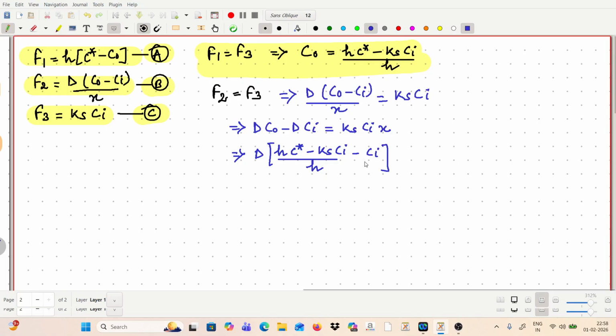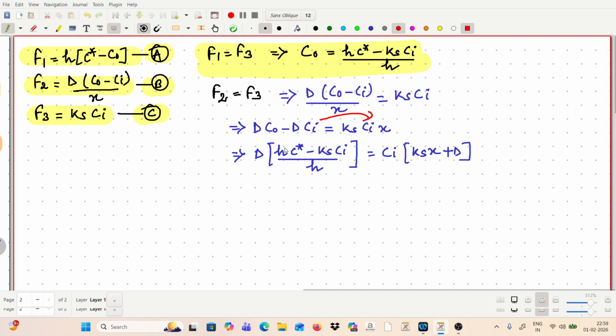Okay, minus CI. Or we can also do one thing: instead of this and CI, take common here, KSX plus D. We have to take this one to the right hand side, so D C naught.